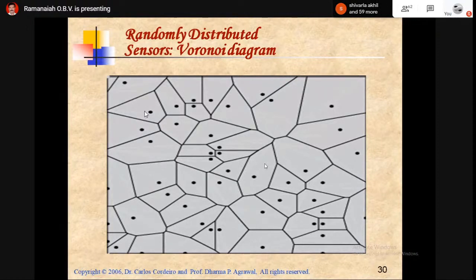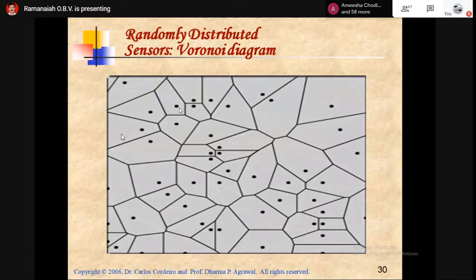So once you prepare this diagram and decide where to place, in each closed polygon you are placing only one sensor, right, at the center? And what is the property it is sharing?